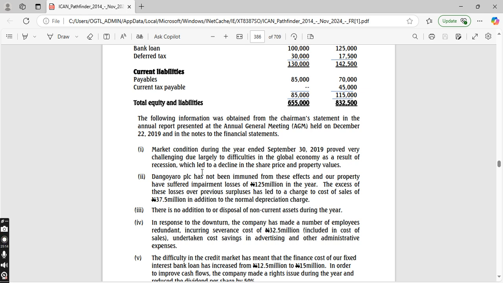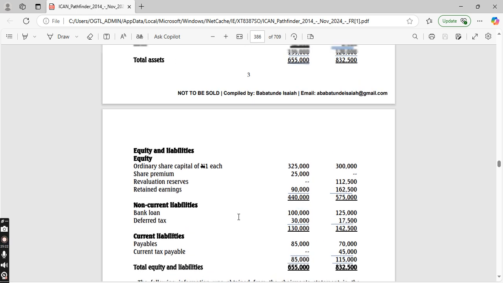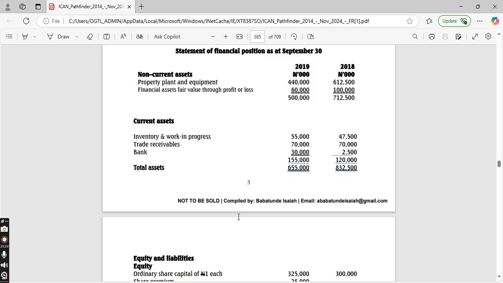Can we find if we have any impairment loss in our previous year? Like we should solve for it. Yes, we'll solve for it. That's what we are to do.